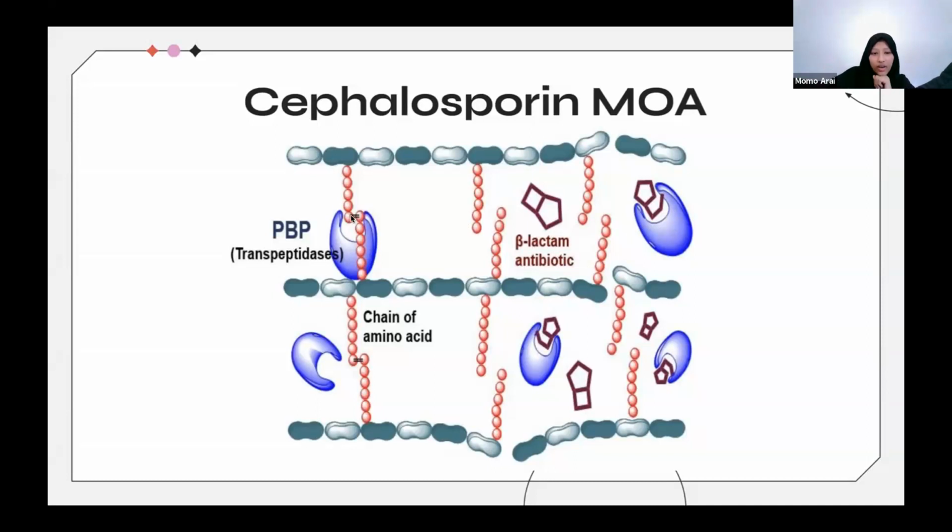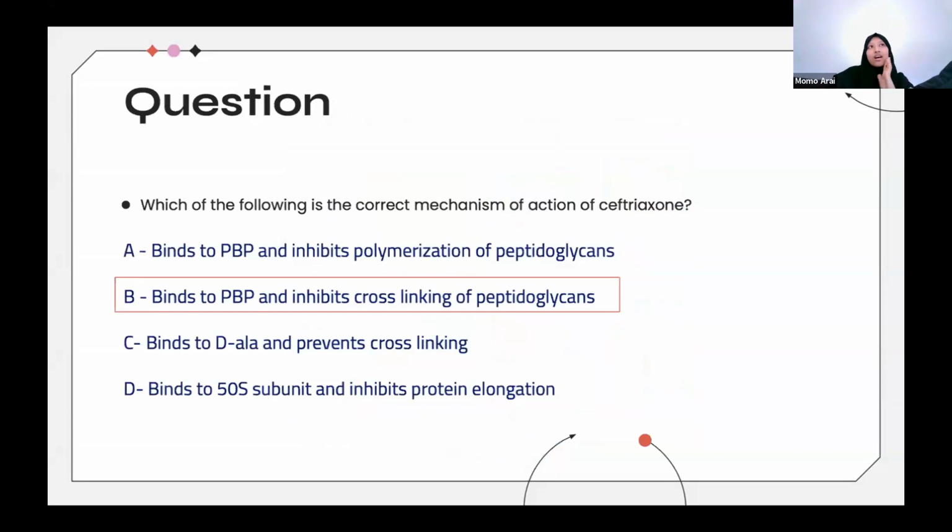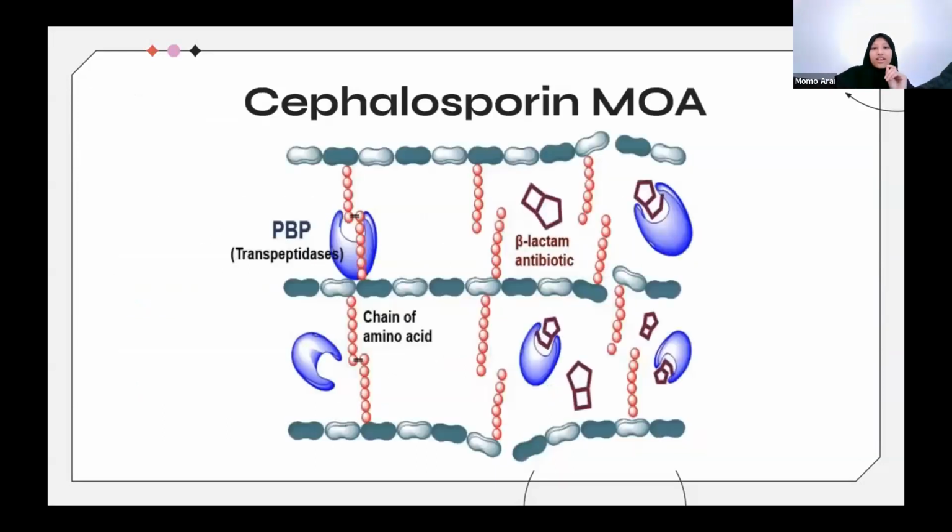Is that clear? Now, I think someone said C, which binds to D-Ala. It mimics D-Ala to be able to bind the enzyme, but what it binds to is the enzyme itself. Does anyone know what binds to D-Ala?